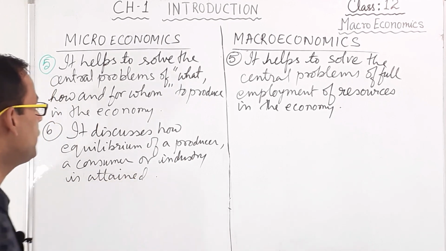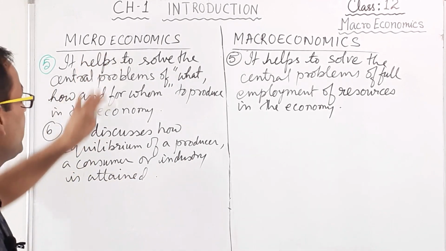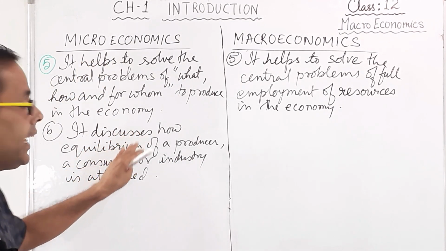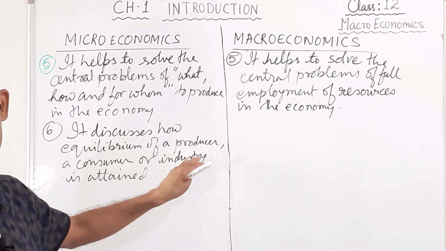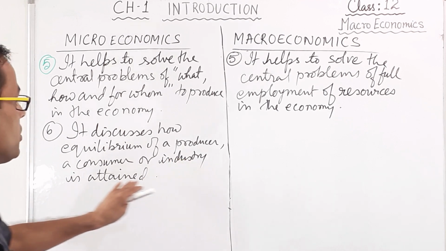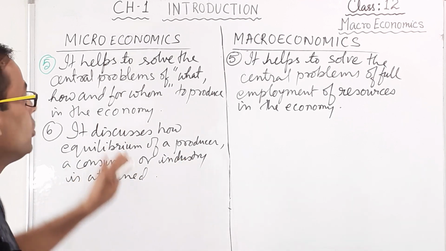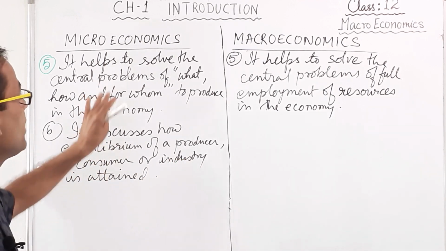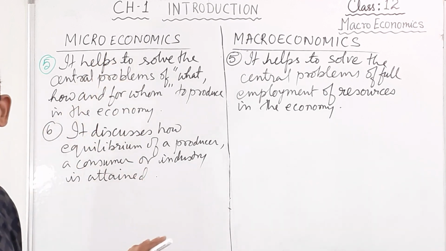That means under microeconomics we can get the equilibrium of a producer, equilibrium of a consumer also, or an industry also, and how they are achieving it. We can study those things under microeconomics.